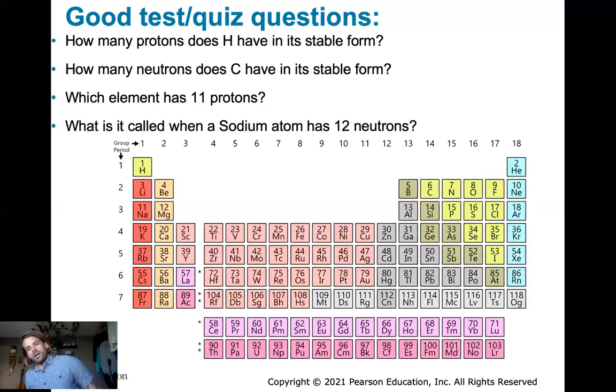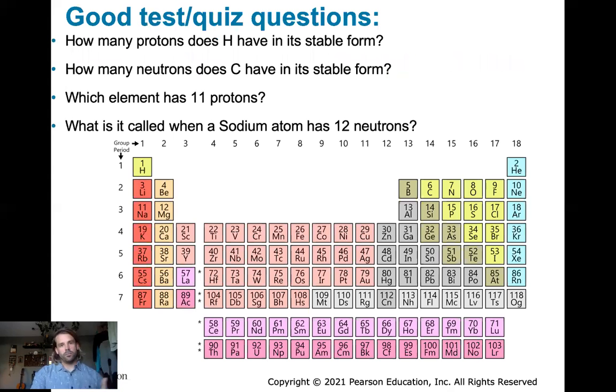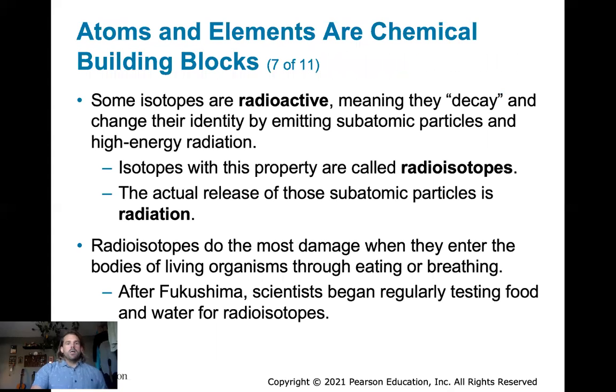So that's the level of familiarity I expect you to have with the periodic table for this course. You need to know isotopes, you need to know ions. I didn't ask you any questions on ions in the last slide, but you should be able to also interact with electrons in the same way by referencing the periodic table and giving me answers to simple chemistry questions like that.